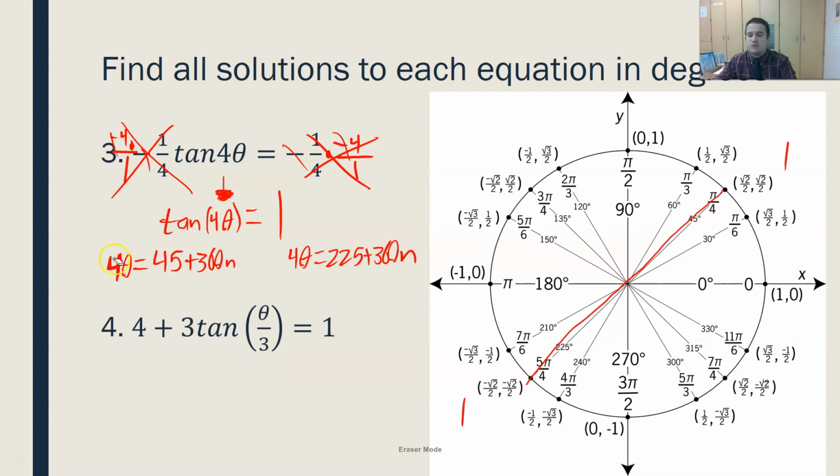So how do I undo 4 times theta? Well, I'm going to divide by 4 on both sides. Those are going to cancel, so I'm just left with theta. 45 divided by 4 is 11.25. 360n divided by 4 is going to be plus 90n.